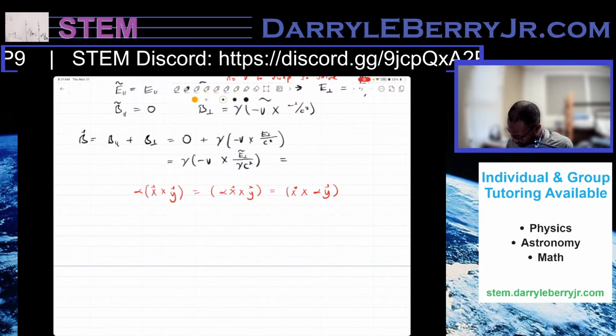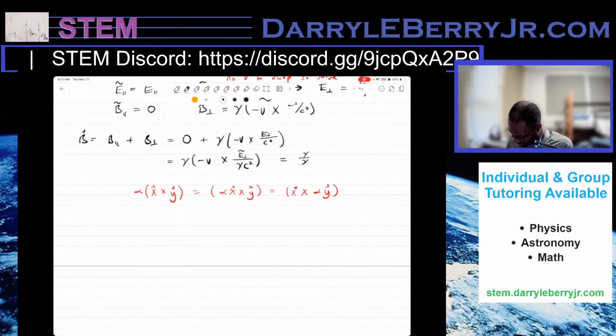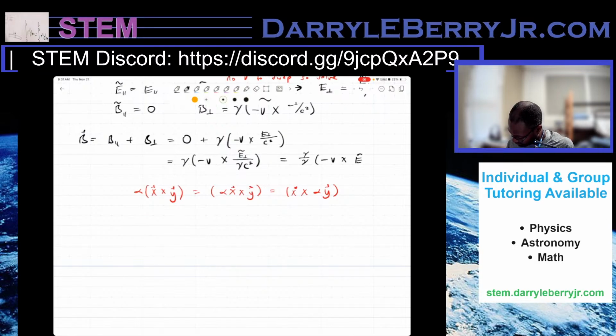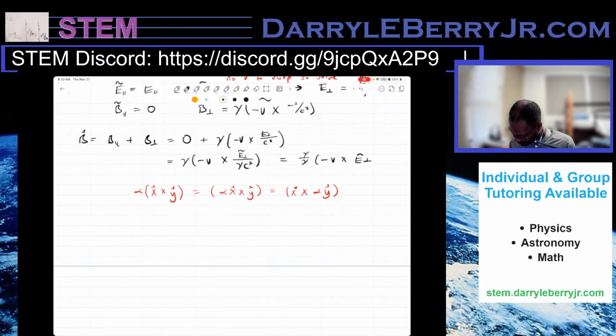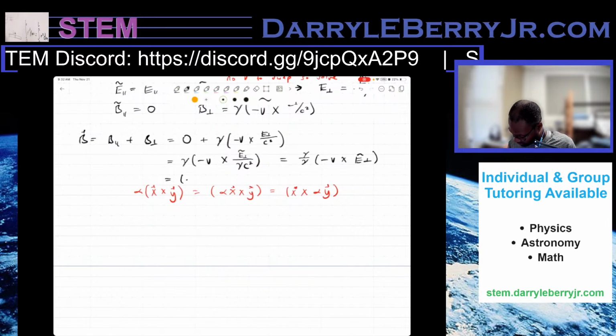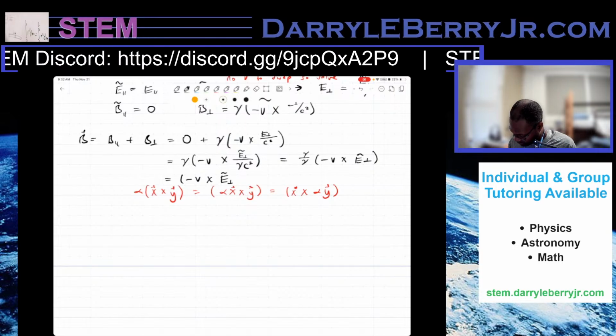So that's going to be gamma over gamma by extracting out the gamma in there. So that's going to be negative V cross E boosted perpendicular.